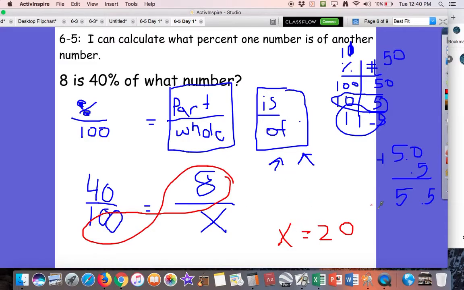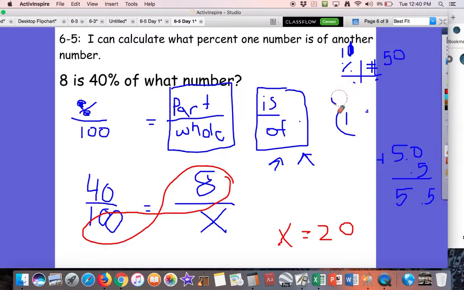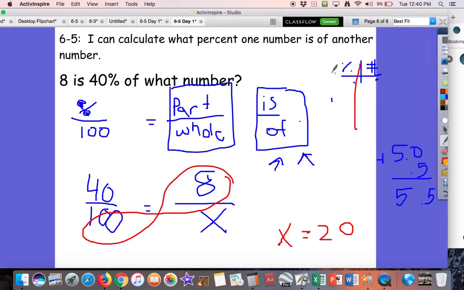All right, now let's just see if this makes sense. So if we did this in a T-chart, sometimes that helps to think about this because we did a whole bunch of problems like that. If we did this in the T-chart, let's fill this in. So our percent is 40. 8 is 40% of what number?